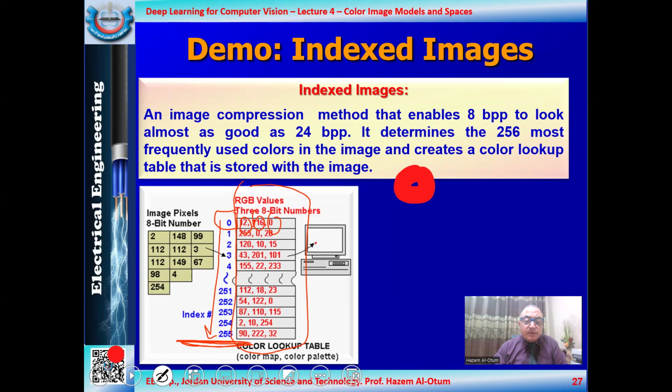So instead of transmitting the whole image or saving or keeping all image components, we give a code of index. This pixel is repeated very frequently, the highest repetition, and we give it a code of 0 using 8 bits.